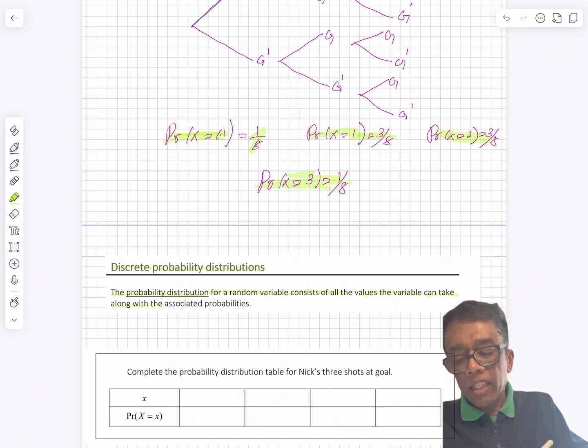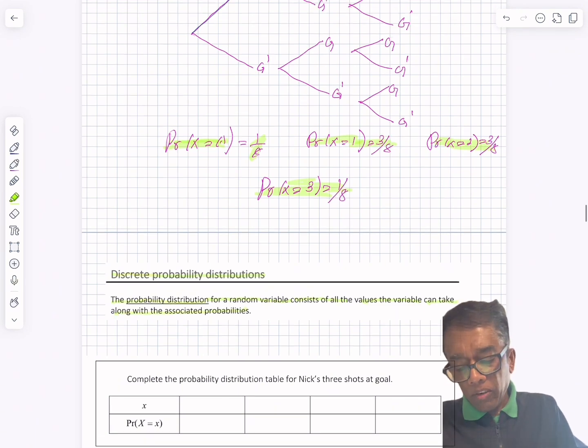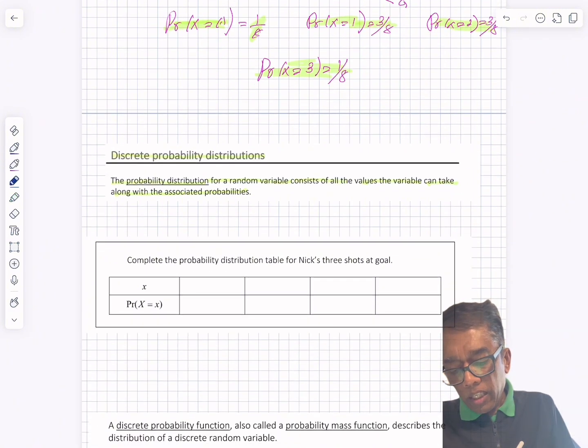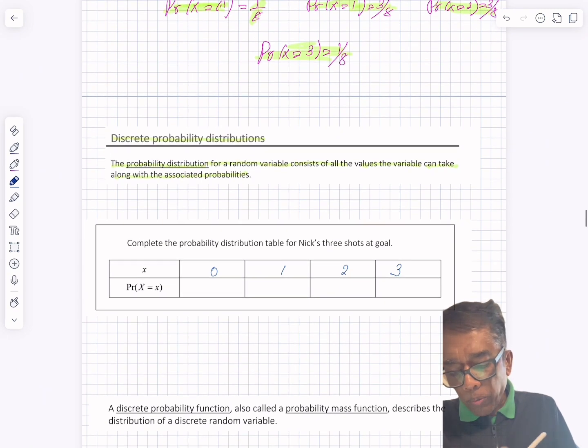If we consider the earlier example, what are the X values? 0, 1, 2 or 3. What are the corresponding probabilities? When X is equal to 0, it is 1 over 8. X equal to 1, it is 3 over 8. Then 3 over 8 and 1 over 8.